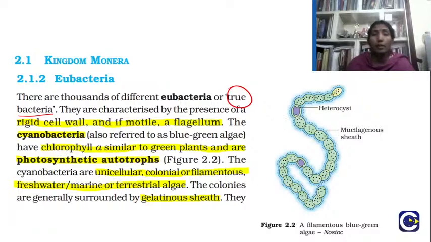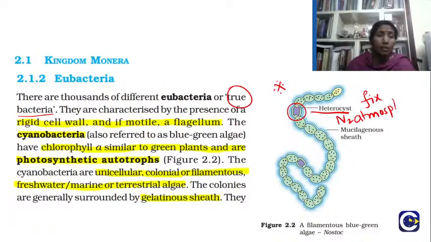The cyanobacteria can be unicellular, colonial or filamentous, and freshwater. You can see they have a specialized cell, what we call the heterocyst. They will ask this in the exam. So what is a heterocyst? Heterocysts are very specialized cells that can fix nitrogen from the atmosphere.